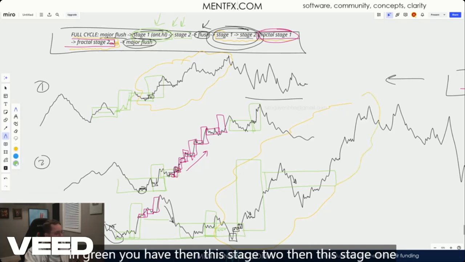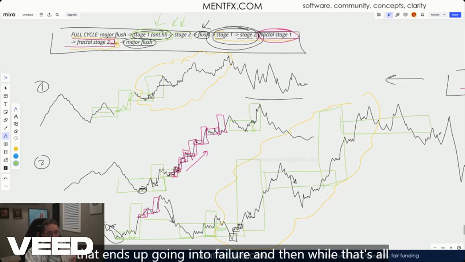So you have in green, you have then this stage 2, then this stage 1 that ends up going into failure.